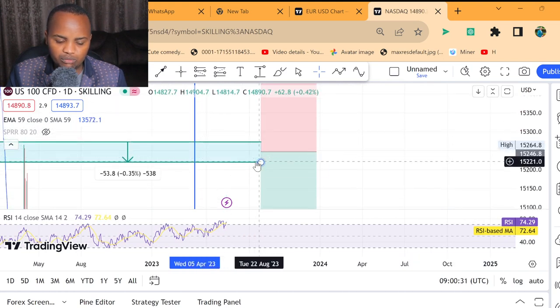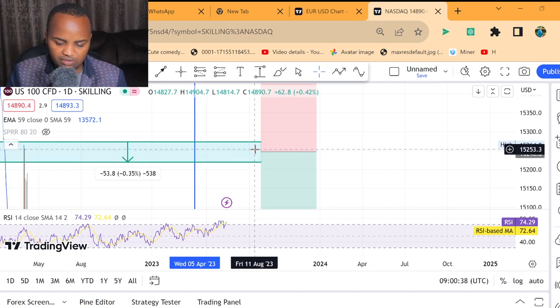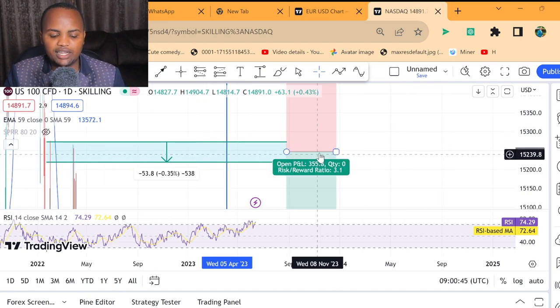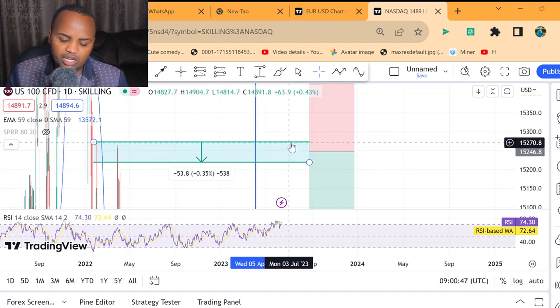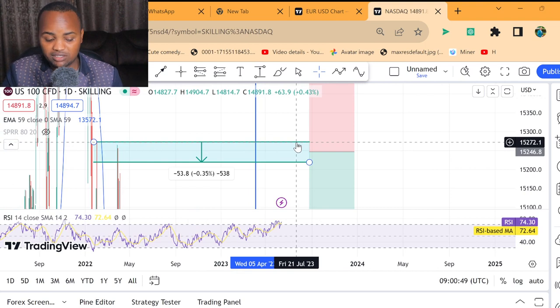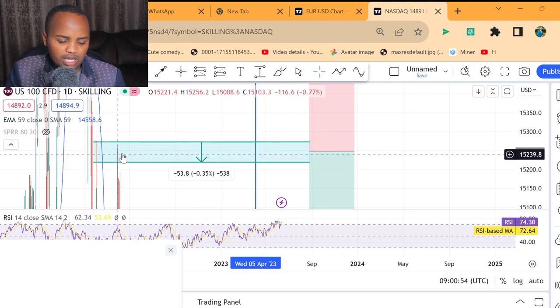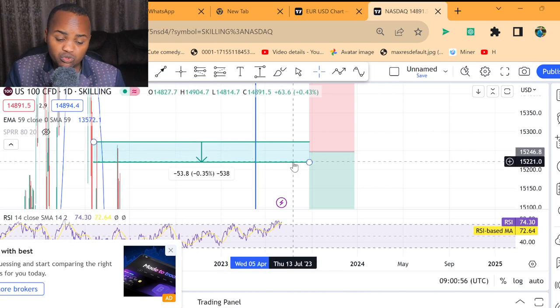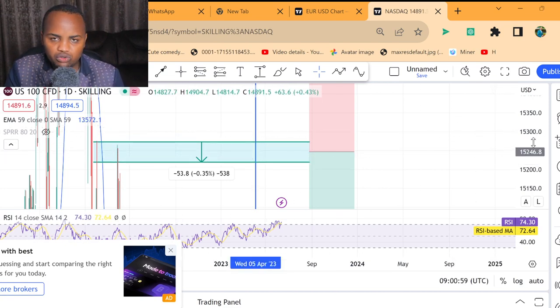For example, if you wanted to enter a sell, you can enter a sell at 15,200, then enter another at 15,250, and 15,300, because you know the market is already over there. You have used your indicator and you're sure the market will reverse maybe at this region, but you're not very sure. So this is going to give you the maximum profit.